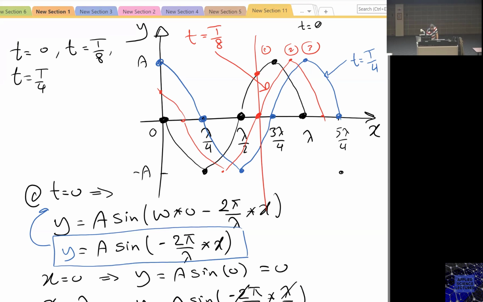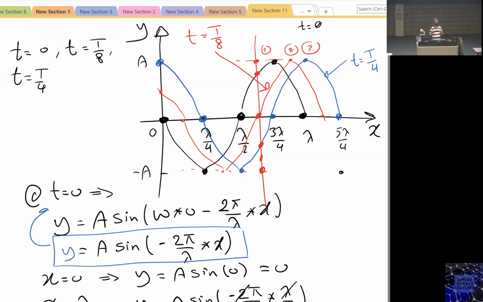At t equals T over 4, it went down to here. And then it will continue till it reaches the minimum, and then start moving up till it reaches the maximum. In other words, this position in space would be oscillating up and down. And this oscillation is the cause for the wave to propagate.